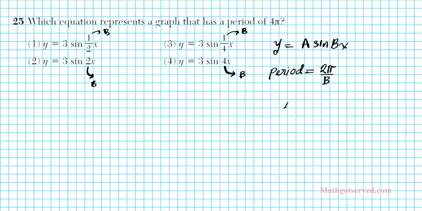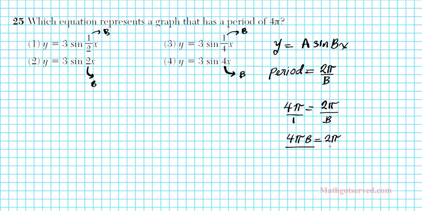Okay, so our period is 4 pi. 4 pi is equal to 2 pi over b. Put this over 1 and cross multiply. You have 4 pi b is equal to 2 pi.